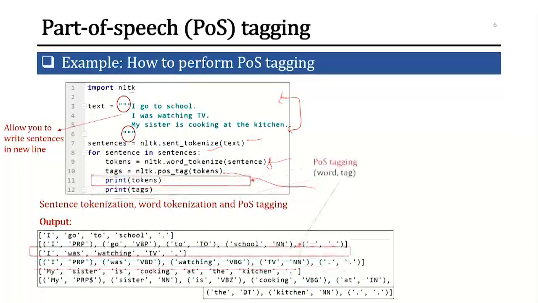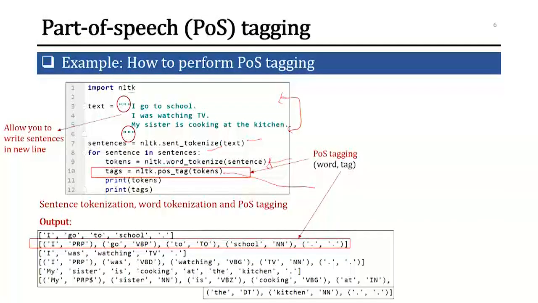From here, as you can see, when we do POS tagging, the result obtained from this function is a list of word pairs obtained from the sentence. For example, as you can see in this rectangular box, for the first sentence, I go to school, we have I here, representing a proper noun.